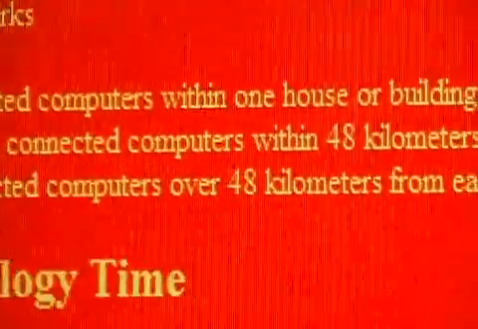As you can see here, WAN is Wide Area Network, and connected computers over 48 kilometers from each other. And the internet is the largest WAN we have out there, because the two users in the world that are the farthest apart from each other that use internet, they are definitely more than 48 kilometers from each other, so the internet is classified as a WAN.